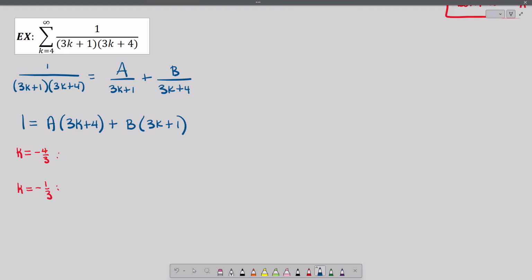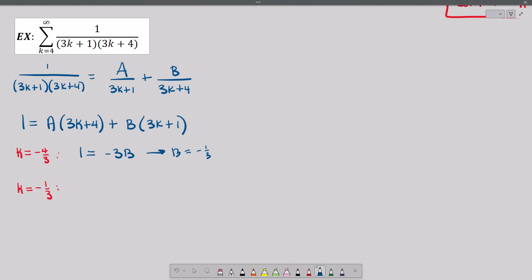So in the top equation here, we're going to have 1 equals, if we plug in this convenient value there, we get 0. So now we're plugging in negative 4/3, the 3's cancel, and we get negative 4 plus 1, which is negative 3. So we have negative 3b. So b will be negative 1/3.